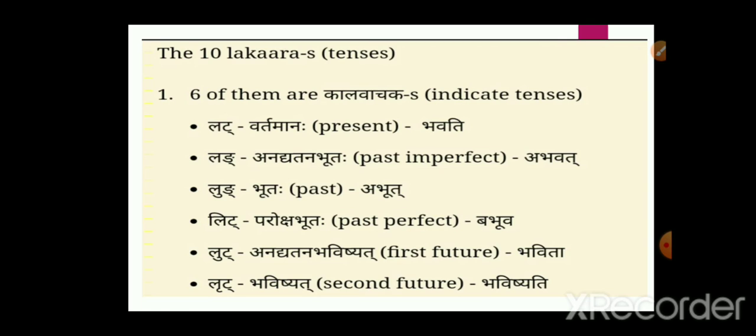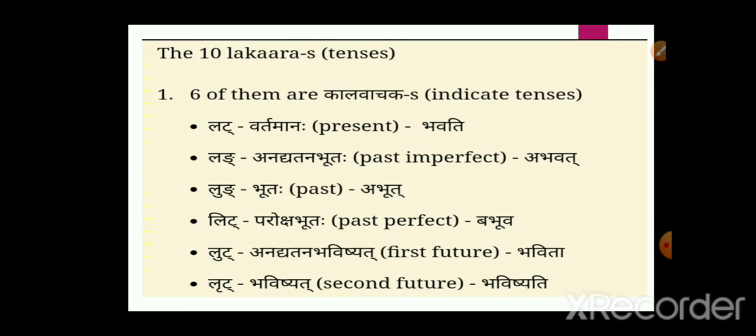The first one is lat lakara. Lat lakara is to represent the present tense. The example of present tense in lat lakara is bhavati. As of now, just know this. No need to know further details as of now. We'll see in the next class in detail.